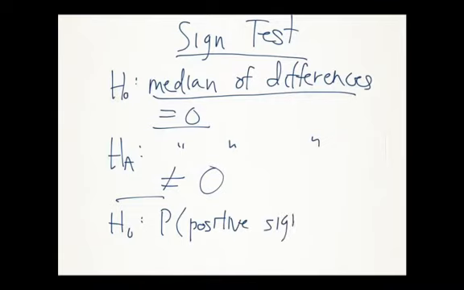I take a difference. The probability that that difference is positive should be half, right? If there's really no relationship between these things, then half of my differences should be positive and half should be negative. But if most or all of the differences are positive, then that would give me some evidence against the null hypothesis.